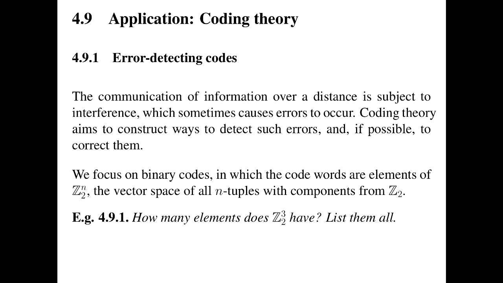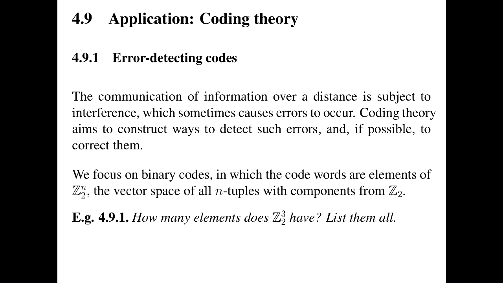And because the real world isn't perfect, there's going to be interference when you try and do this, and there's going to be errors. And coding theory, which is a big business, and it's a fairly nice branch of computer science, discrete maths, where you play with vector spaces over finite fields, right?